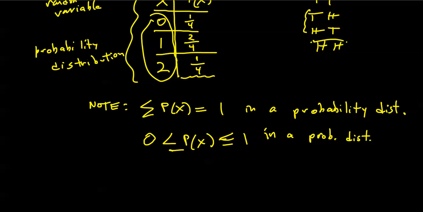Let's look at another probability distribution and another different random variable. I will let x equal the number of girls in 4 births.